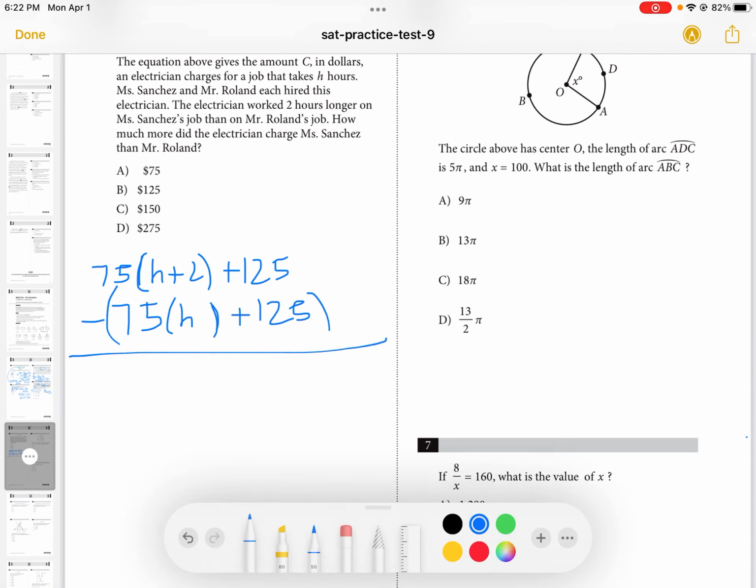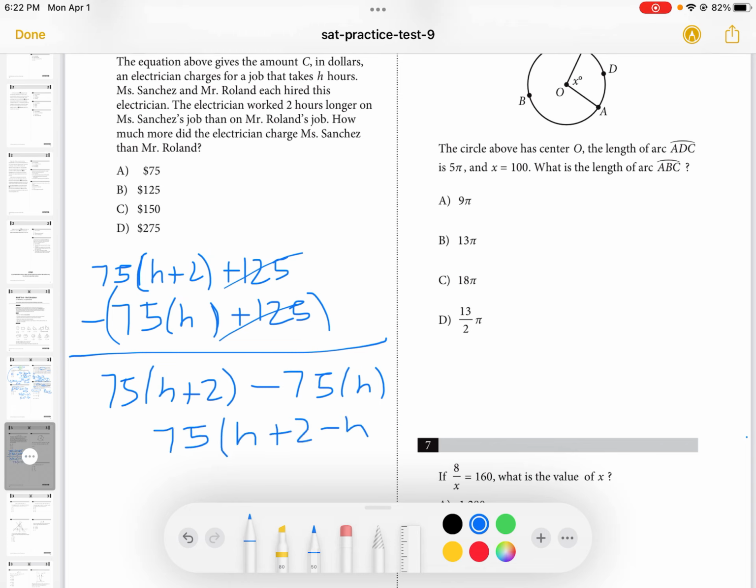If you subtract those two quantities, the 125s would cancel, and you'd be left with 75 times h plus 2 minus 75 times h. That would be equal to 75 times h plus 2 minus h. 75 times 2, so $150 more. And that's C.